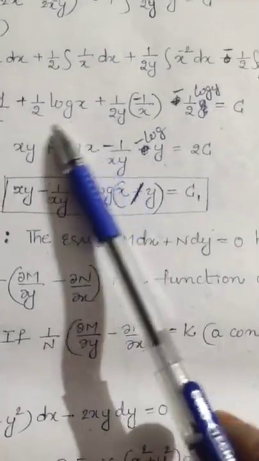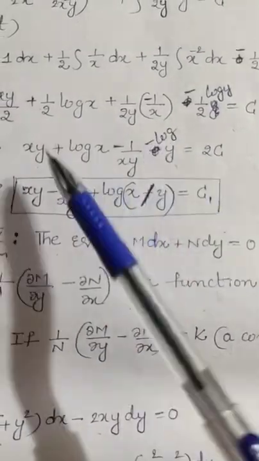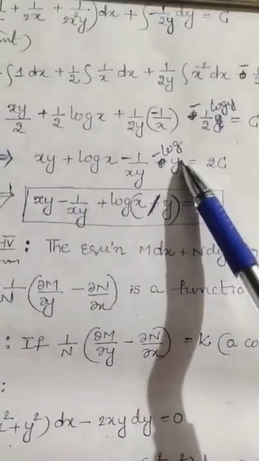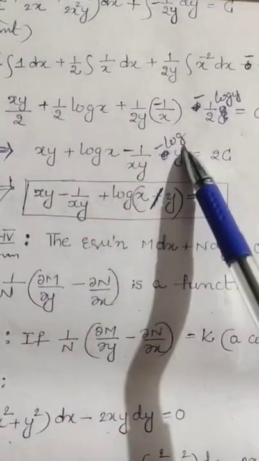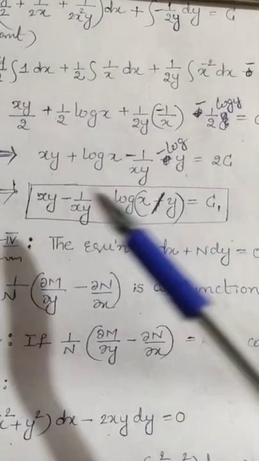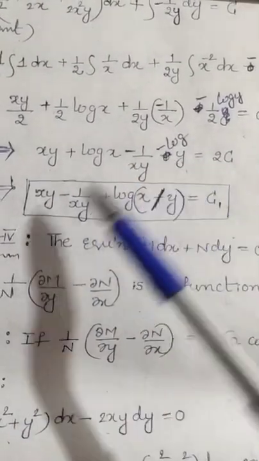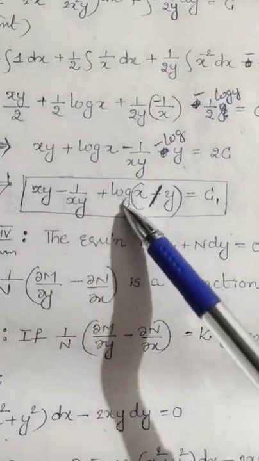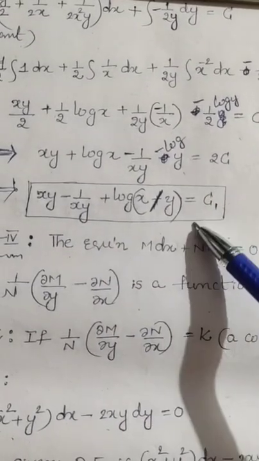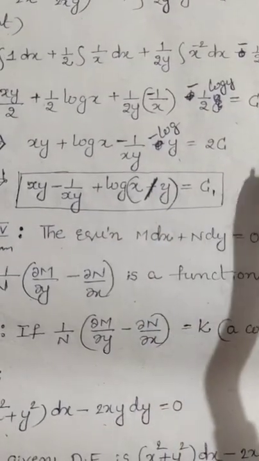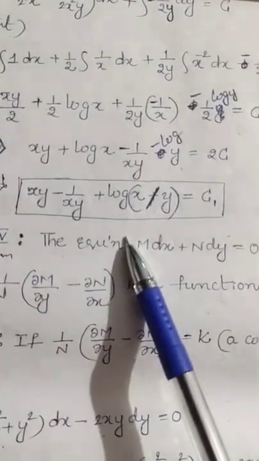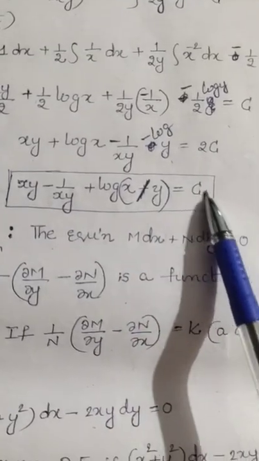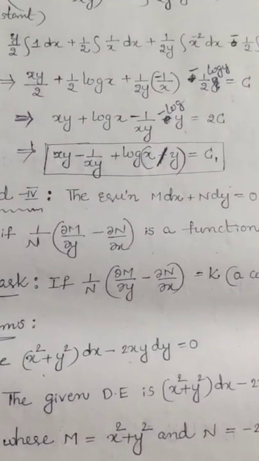Here log x minus log y is in the form of log a minus log b, and the formula for log a minus log b is log (a/b). So this can be written as log of x/y. So xy minus 1/(xy) plus log of x/y equals c1, where the value of 2c becomes c1. That is xy minus 1/(xy) plus log of x/y equals c1, which is the general solution of the given differential equation.